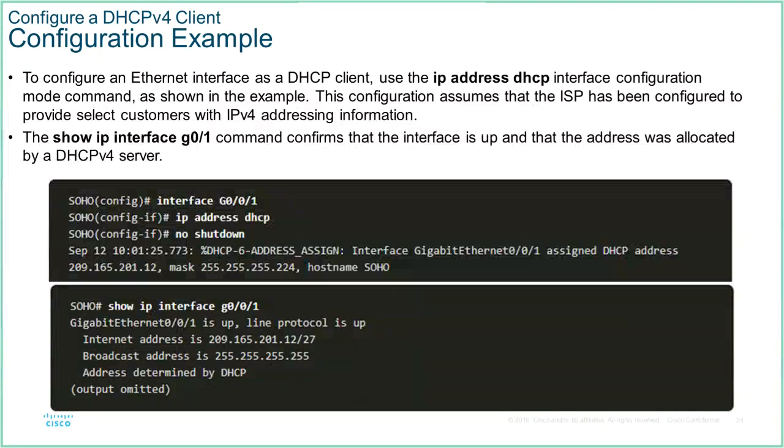The first thing it's going to do on startup is send that discover message out, and once it gets it all coming back in, there it is. It's got its internet address, it's got its subnet mask, and the address is determined via DHCP. So the output's a little different for the show ip interface as what it would be if it was statically assigned.